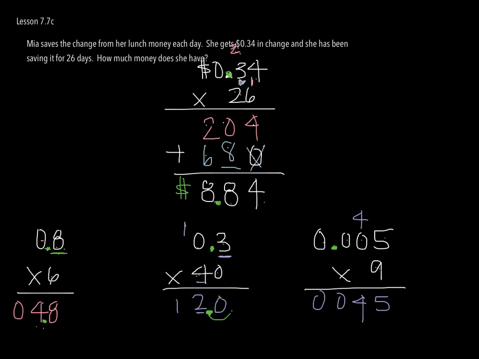We see how many spots to the right of the decimal point. 1 spot, 2 spots, 3 spots. So how many spots need to be to the right of the decimal point? Well, hopefully you counted to 3 in your head. 1, 2, 3. Our decimal point is going to go right there. Alright? So our answer is 45 thousandths.